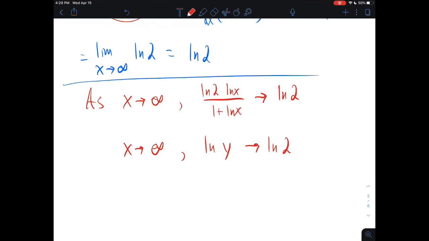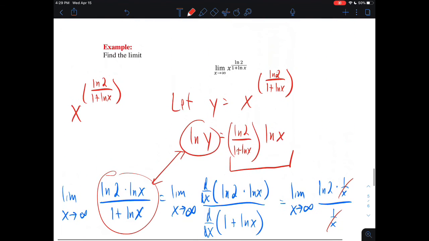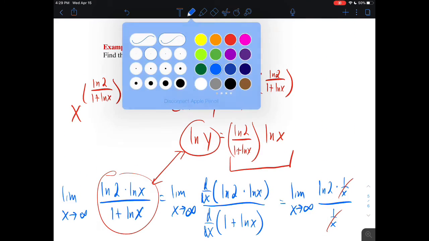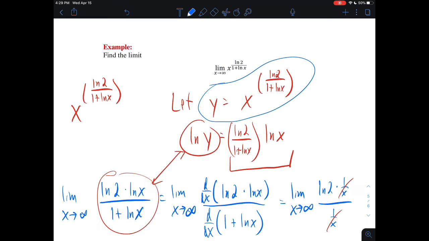Well, if the natural log of y is approaching the natural log of 2, that means as x approaches infinity, what do you think y is approaching? It has to be the number that's inside the natural log. Y approaches 2. And then go all the way back to the beginning. What did we say that y was equal to? The original function that we were concerned with.